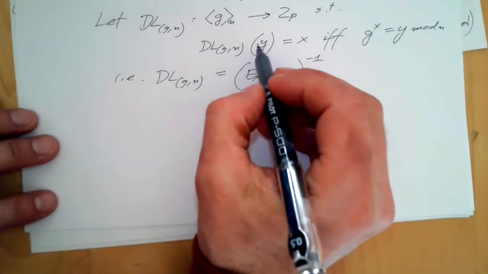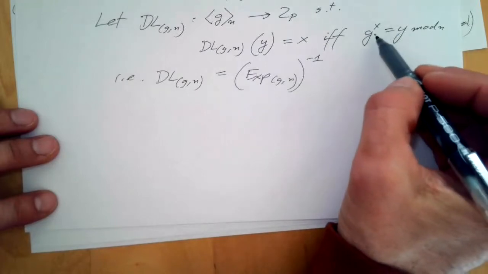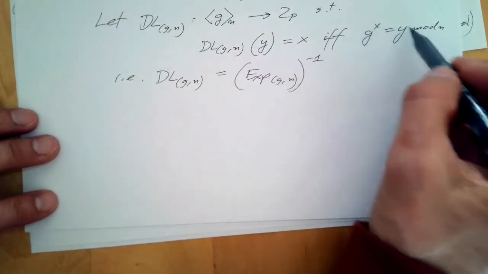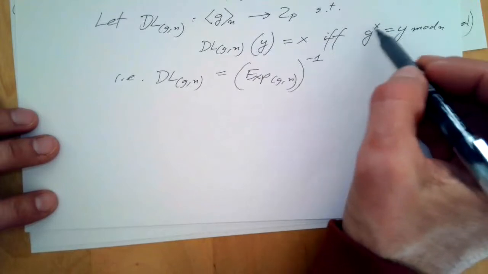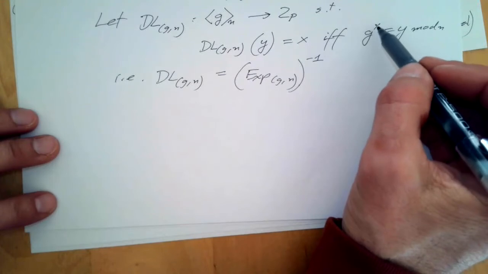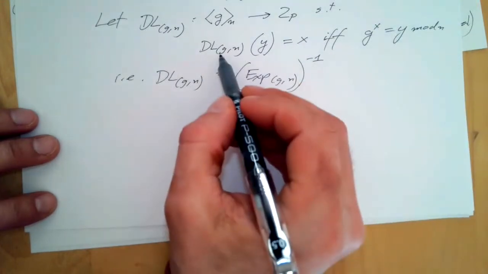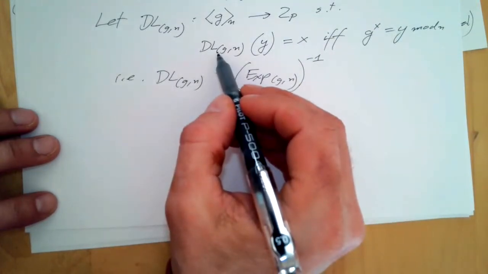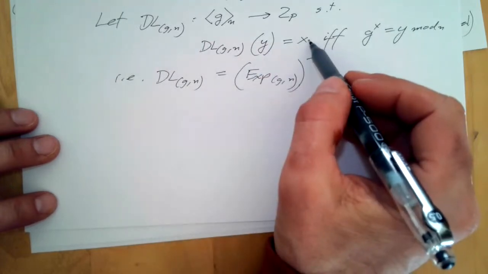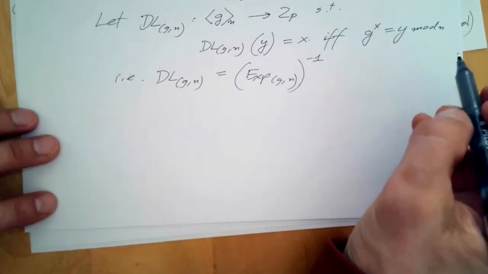Because the exponentiation went forward: on an argument x, it gave me this y, the exponentiation of g to the exponent x. But now I want to compute backwards. I get a y, and I want to find this exponent x such that this is true.